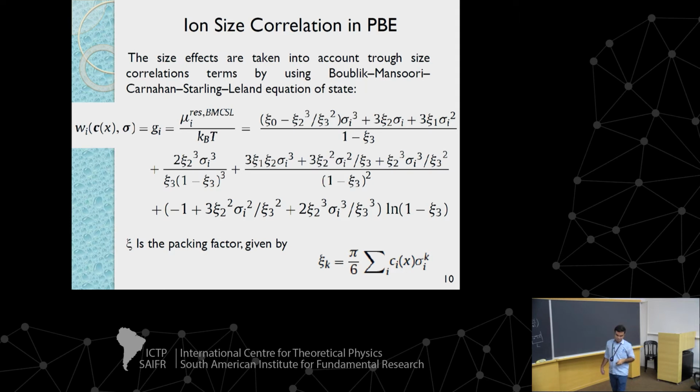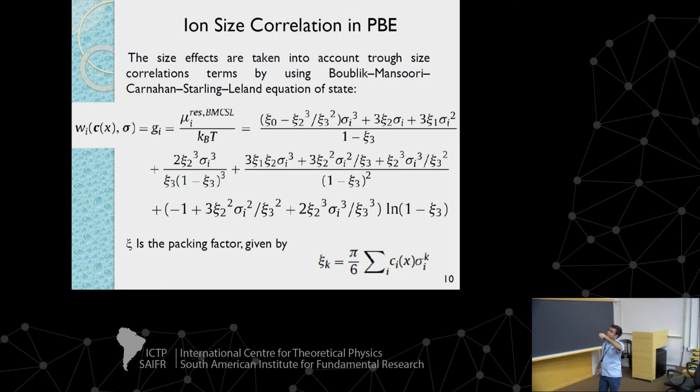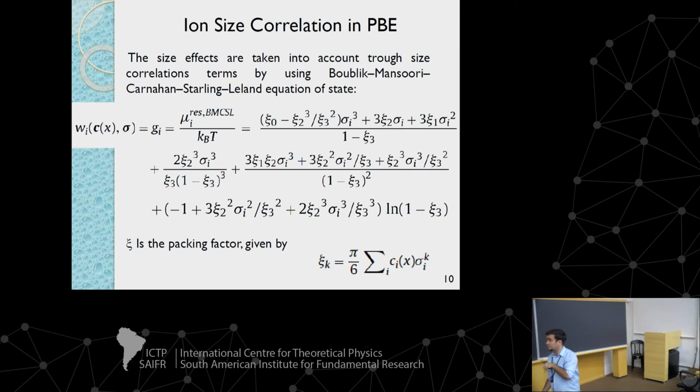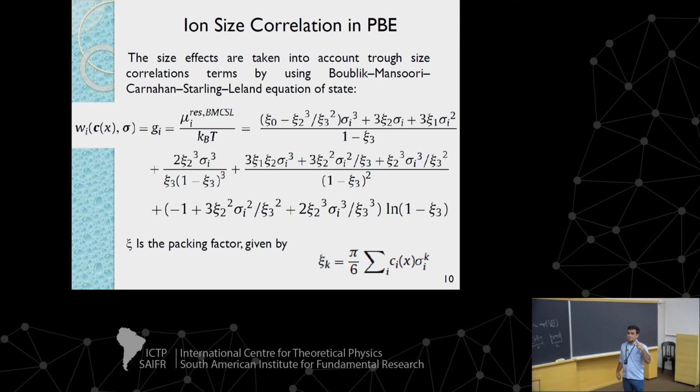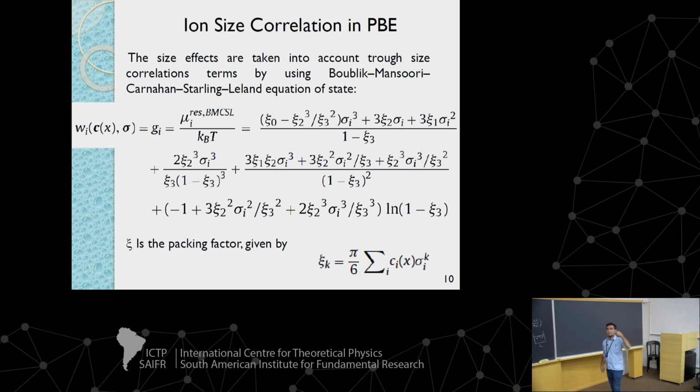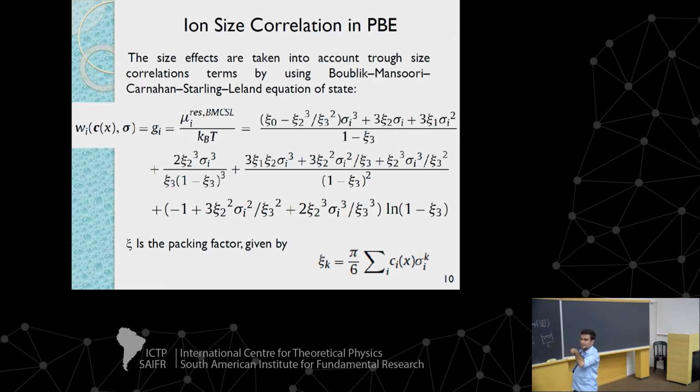So we can introduce the so-called Boublik-Mansoori-Carnahan-Starling-Leland equation of state for a hard sphere. We have this equation, and we have to introduce it inside the Poisson-Boltzmann equation. The computational cost increases a lot when we do that. Why? Because this function is a function of concentration, and we are using this in order to find the concentration profiles, the ion profiles.